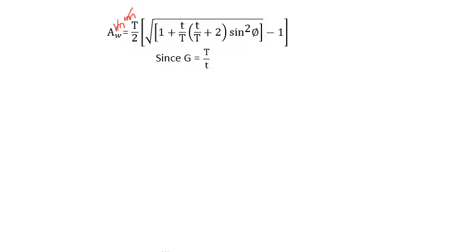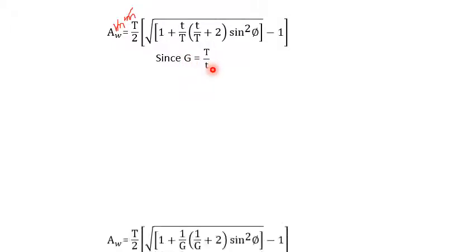We know that gear ratio capital G is equal to number of teeth on the wheel to number of teeth on the pinion, so here we have it in the inverse form. Therefore small t by capital T can be written as 1 by G, because capital G is equal to capital T by small t.